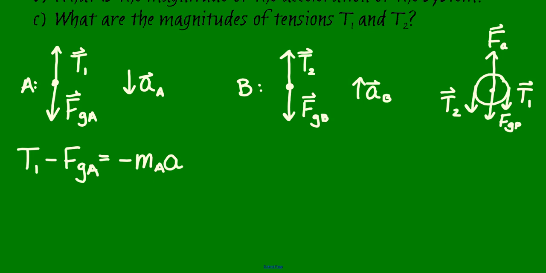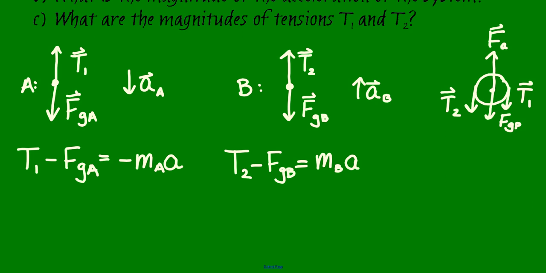That's always true as long as you don't have a stretchy string, which we'll always consider all of our strings to be non-stretchy. For my second free body diagram, I have T2 minus FGB, and that equals a positive MB times A.